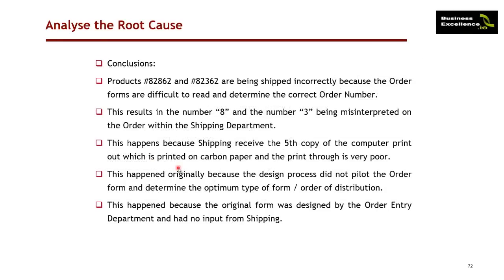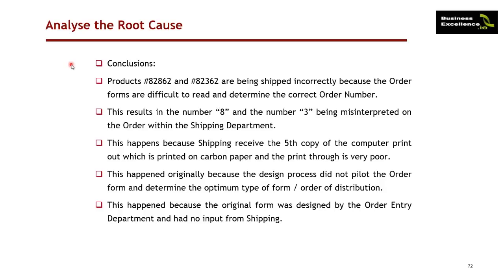To present the same data as a paragraph as opposed to a cause and effect diagram, it would read like the following. Product 82862 and 82362 are being shipped incorrectly because the order forms are difficult to read and determine the correct order number. This results in the number 8 and the number 3 being misinterpreted on the order within the shipping department.